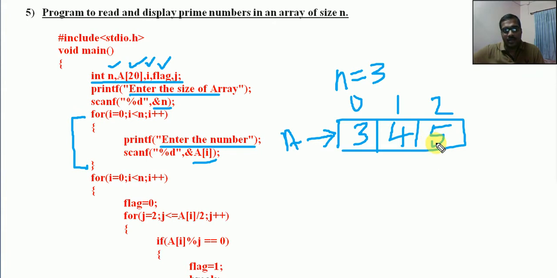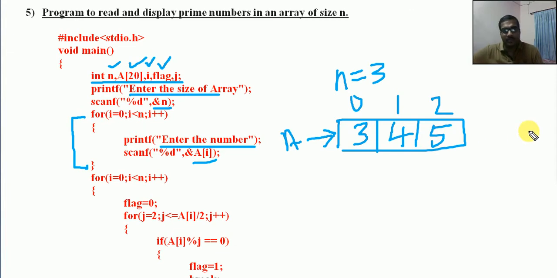Now 5 divided by 2, wrong. 5 divided by 3, wrong. 5 divided by 4, also wrong. We do not have any division possible with other numbers in 5. So exactly with 1 and itself, this also comes under the category of prime numbers. Similarly, other numbers like 7, 11, all these are examples of prime numbers.